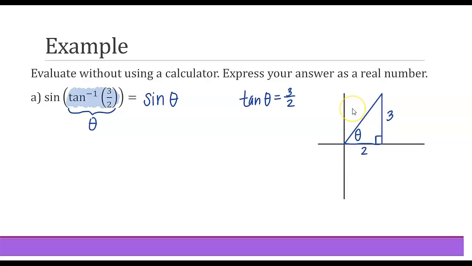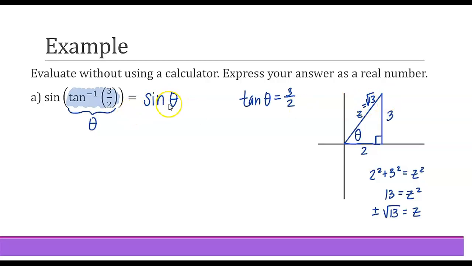So to find this side length, let's go ahead and call it z, we use the Pythagorean theorem. So 2 squared plus 3 squared equals z squared, or 13 equals z squared. So we get plus or minus radical 13 is z. We take the hypotenuse to be the positive one, so we get square root of 13.